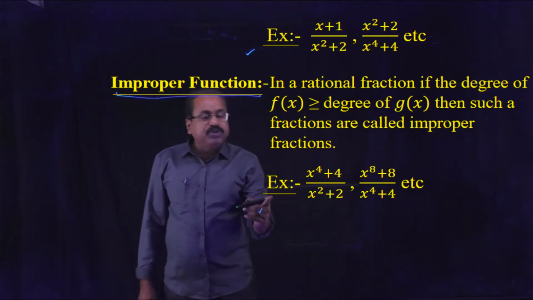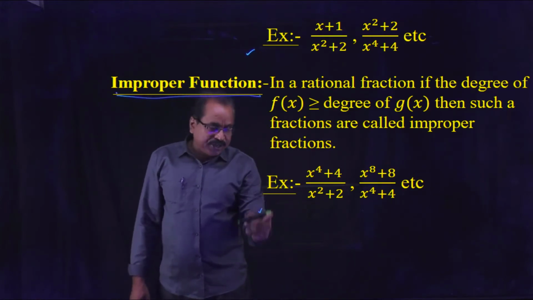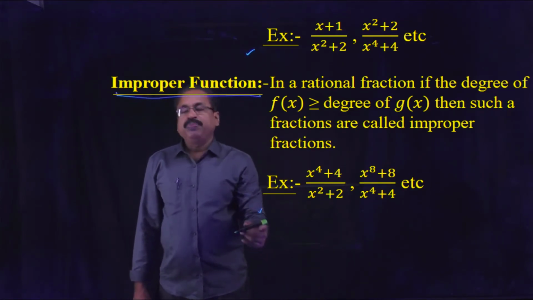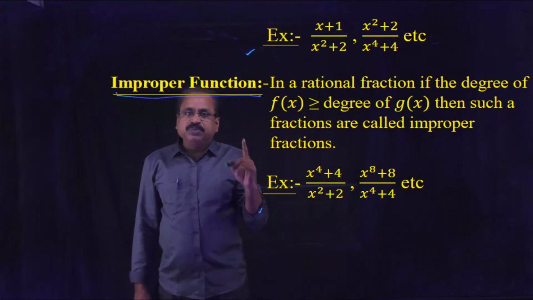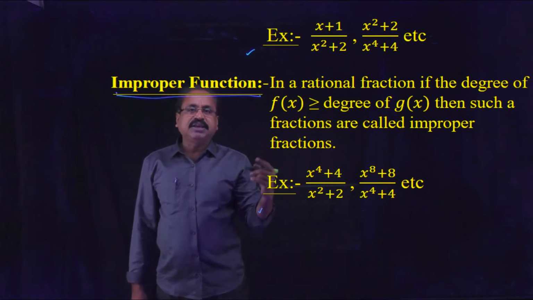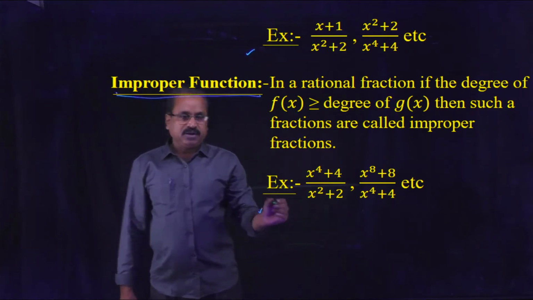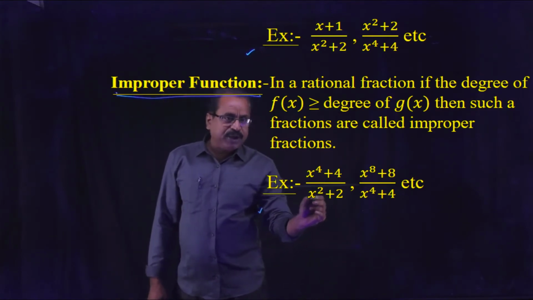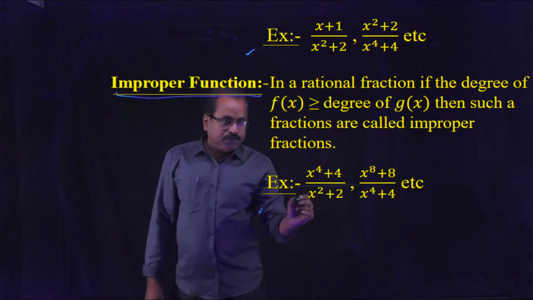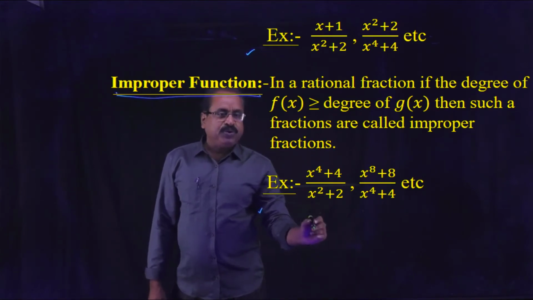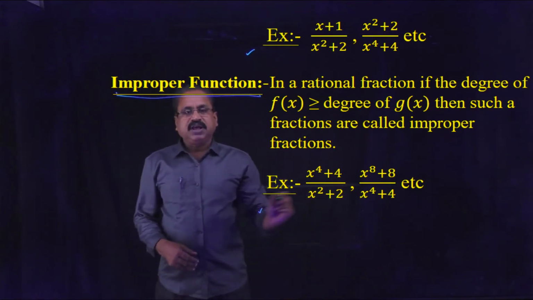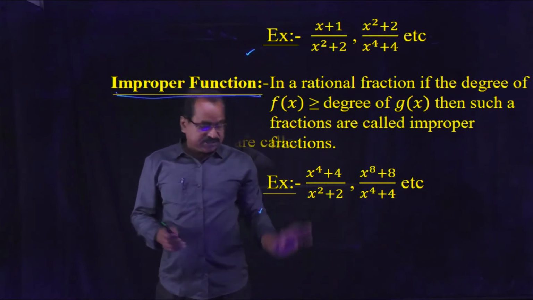Here degree of numerator is 4 and degree of denominator is 2. So degree of numerator is greater than the degree of denominator. So it is an improper fraction. Also, x power 8 by x power 4 plus 4, etc. These are all improper fractions.